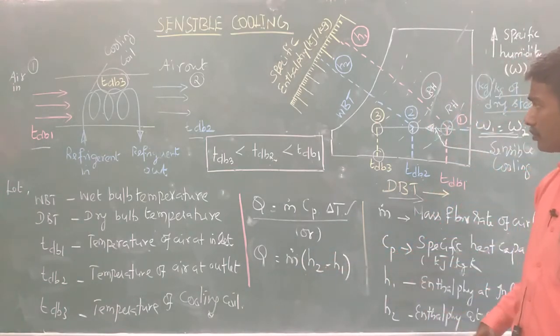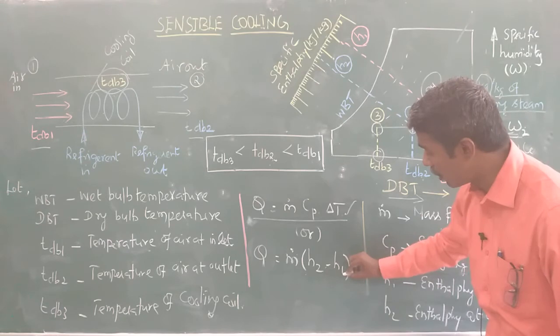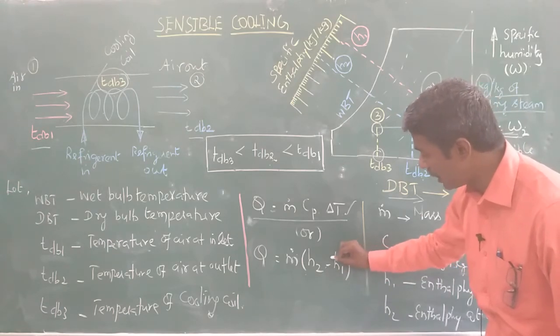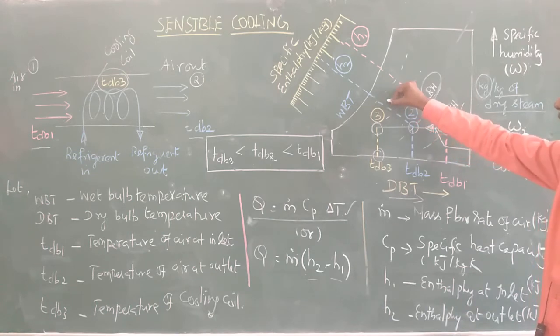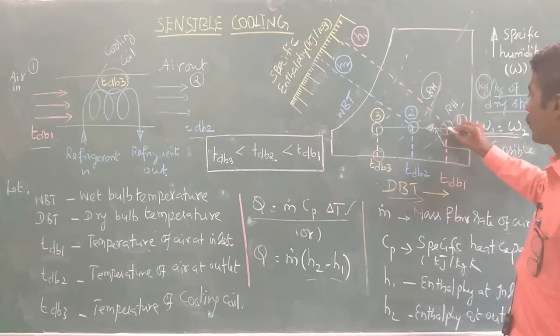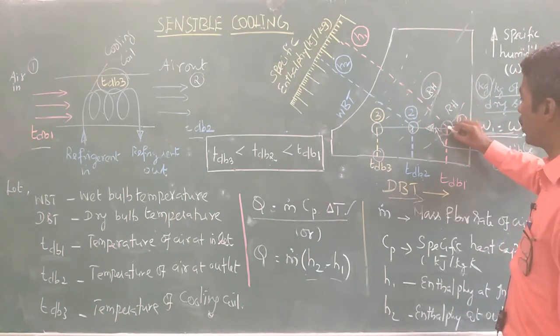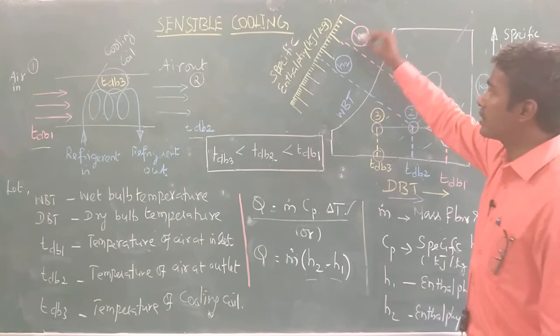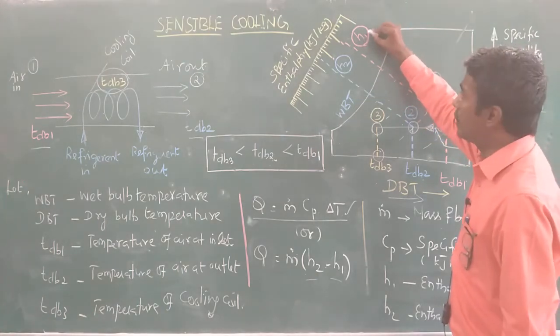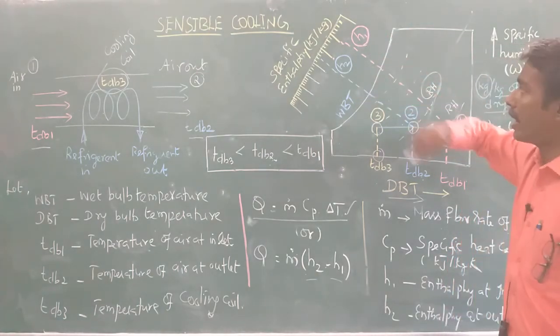Now we are going to see how to take the values H1 and H2 from the psychrometric chart. From point 1, we extend an inclined line up to the specific enthalpy scale. There you can get a value that gives the enthalpy at point 1.